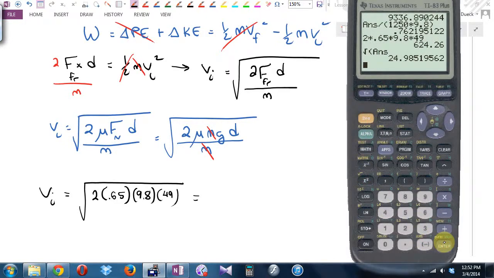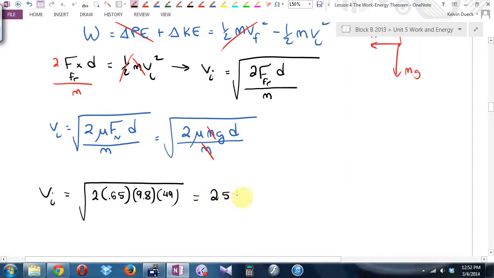You know what? 25 meters per second. How do I go to kilometers per hour? Times by 3.6, so 25 meters per second times 3.6 kilometers per hour. How many kilometers per hour is that?